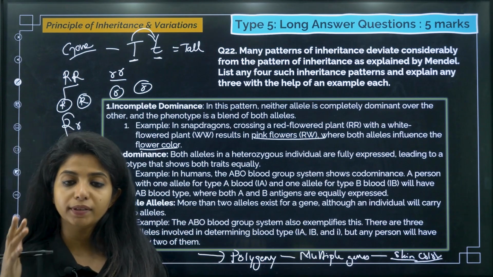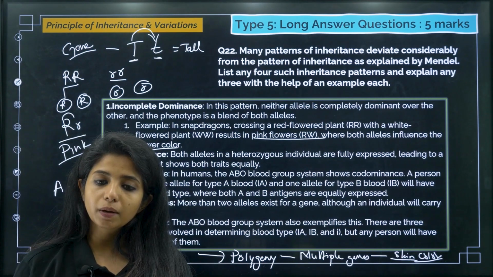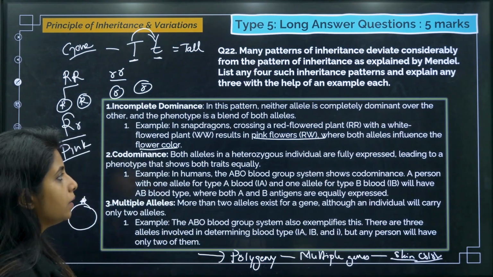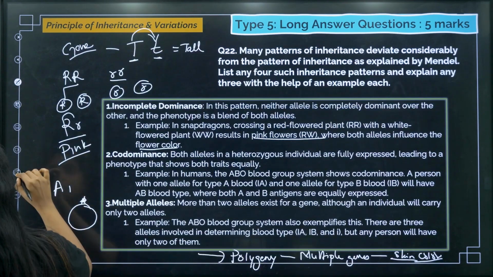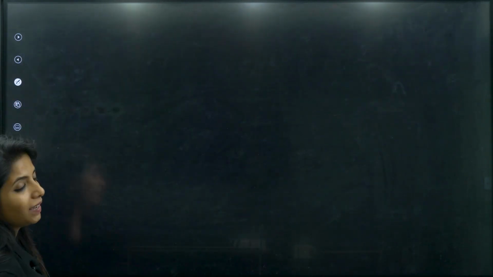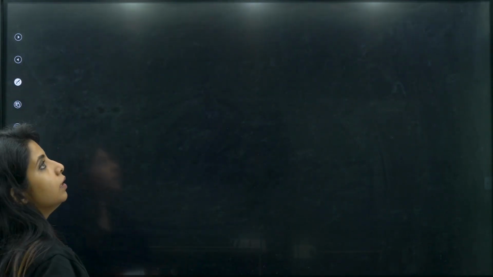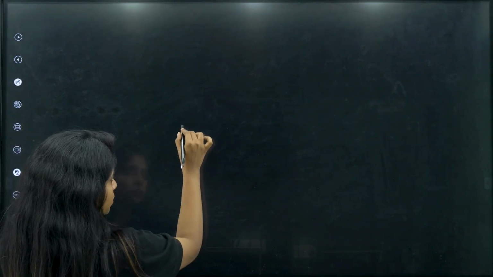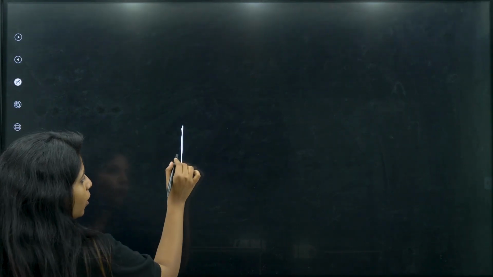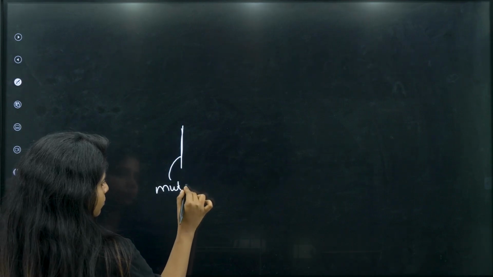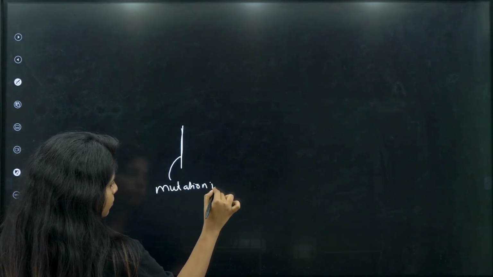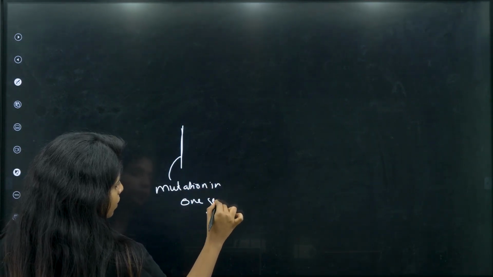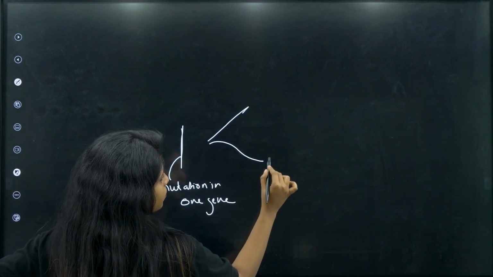There is pleiotropy as well, given in your NCERT. What do you mean by pleiotropy? Suppose a mutation in one gene is going to affect 2 characters.